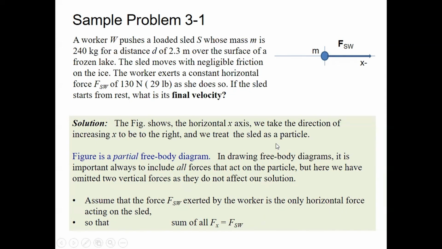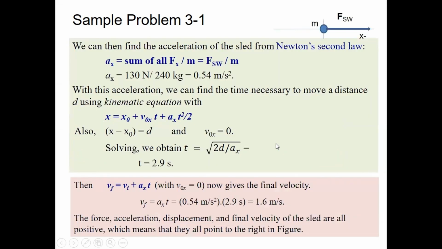Once we have defined this, we move further. We can find out the acceleration of the sled from Newton's law. Newton's law says that the net force, or the sum of all forces, is equal to mass times acceleration.